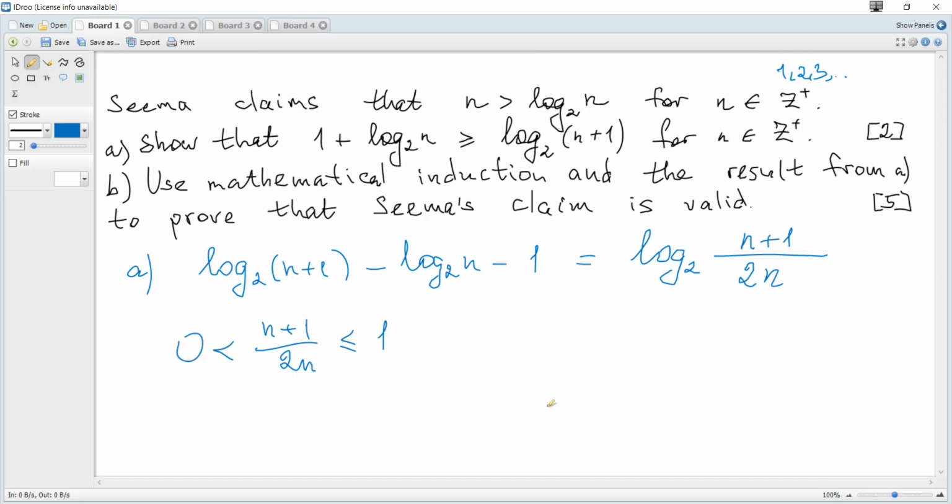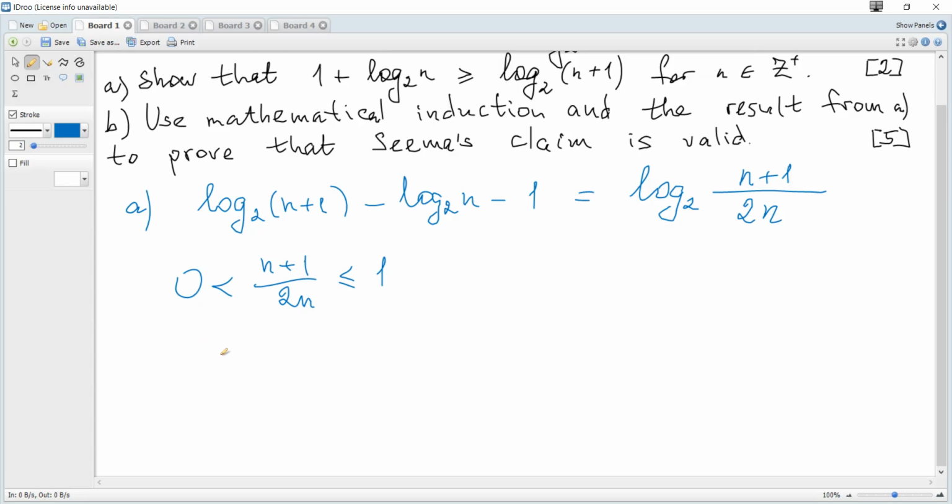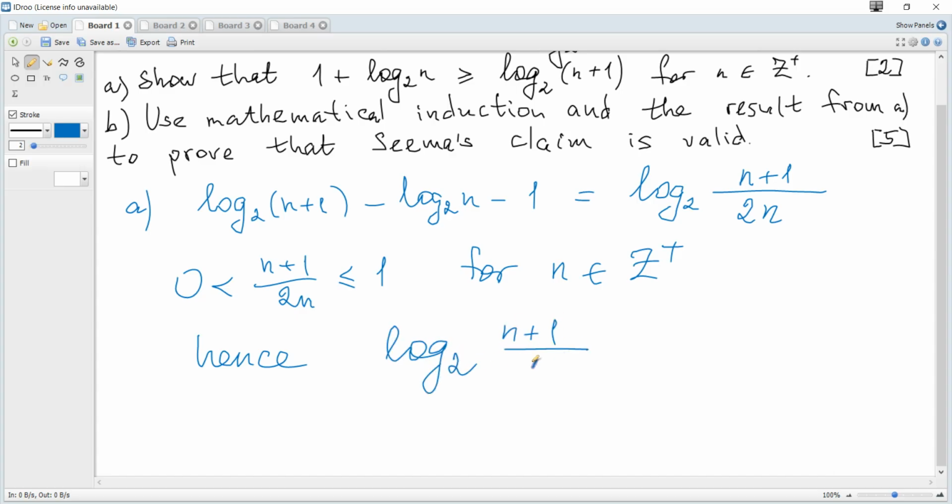Hence, for n a positive integer, log to the base 2 of n plus 1 over 2n, just from the graph, is less than or equal to 0.